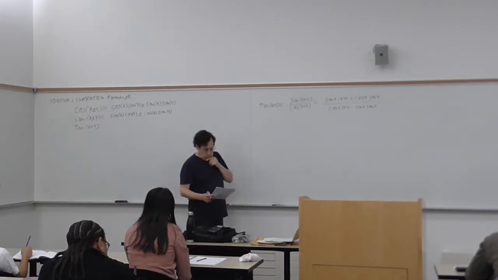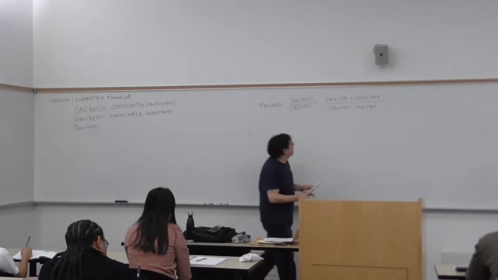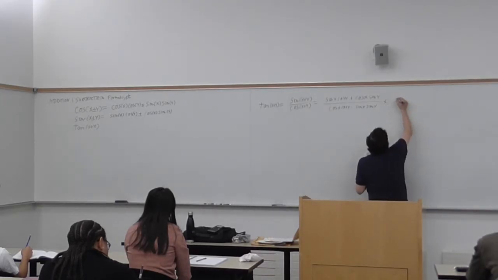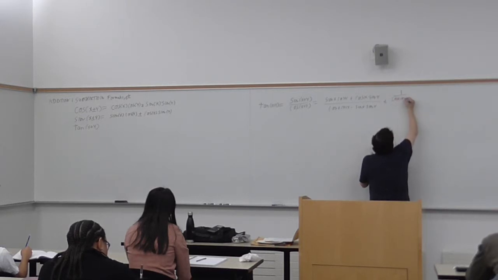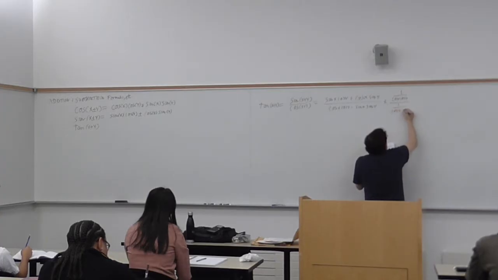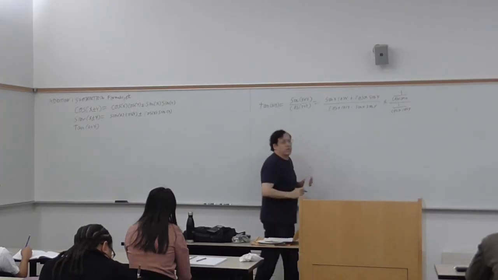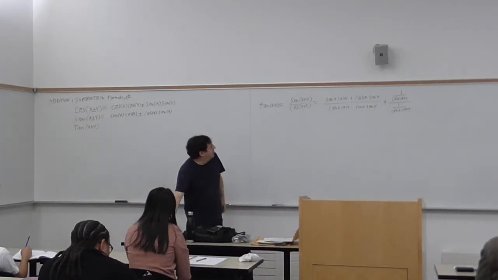So what we do is we multiply this by 1 over cosine x cosine y over 1 over cosine x cosine y, and multiply it by 1.